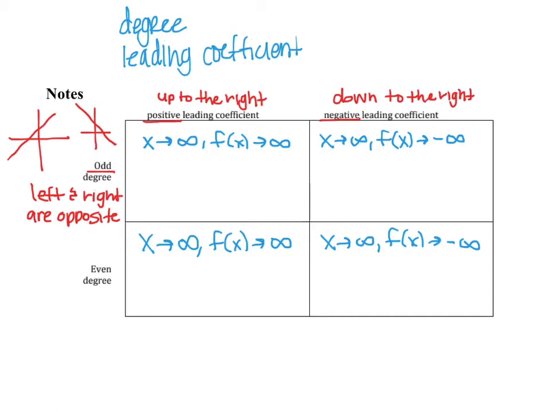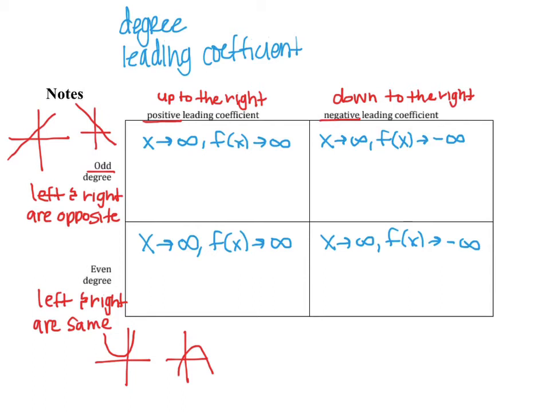Even degree means that the left and the right sides are the same. They go in the same direction. So this is like a quadratic. We either have a parabola that opens up, so the left and right sides both go up, or a parabola that opens down. The left and right sides both go down.